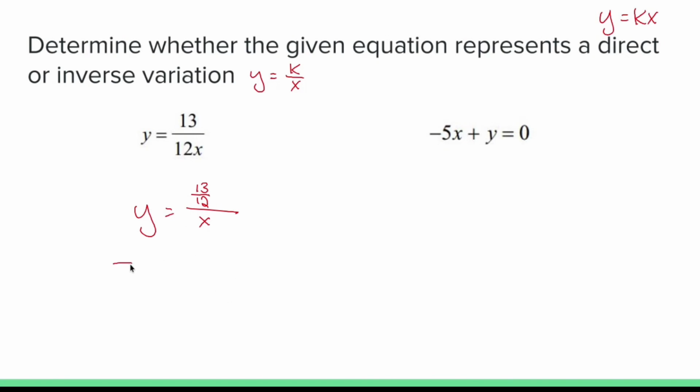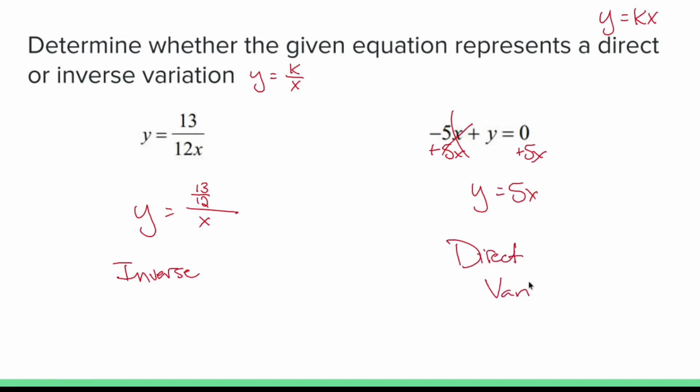So this one right here is inverse variation. You are direct variation because I can add 5x to both sides, and now y equals 5x, and you're in the form y equals kx, so you are direct variation. I don't know why I wrote out variation over here but didn't do it over here, but I'm leaving it.